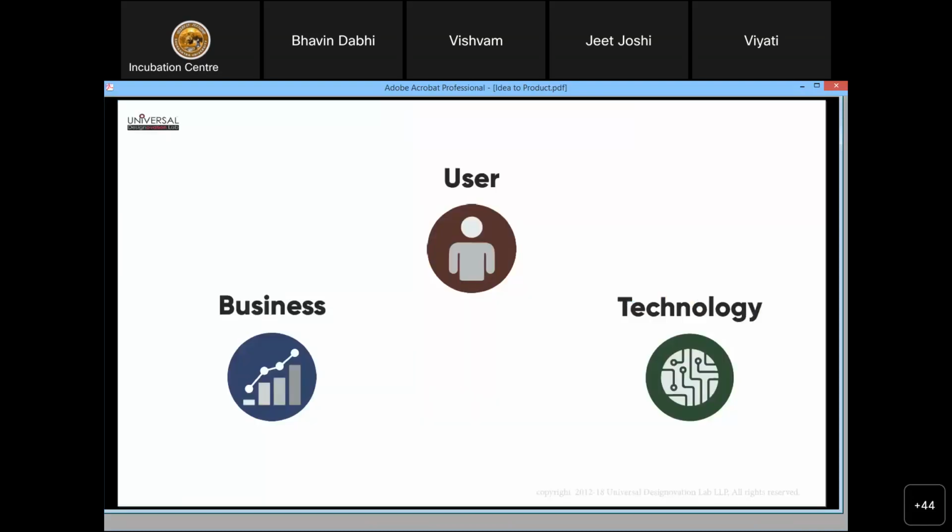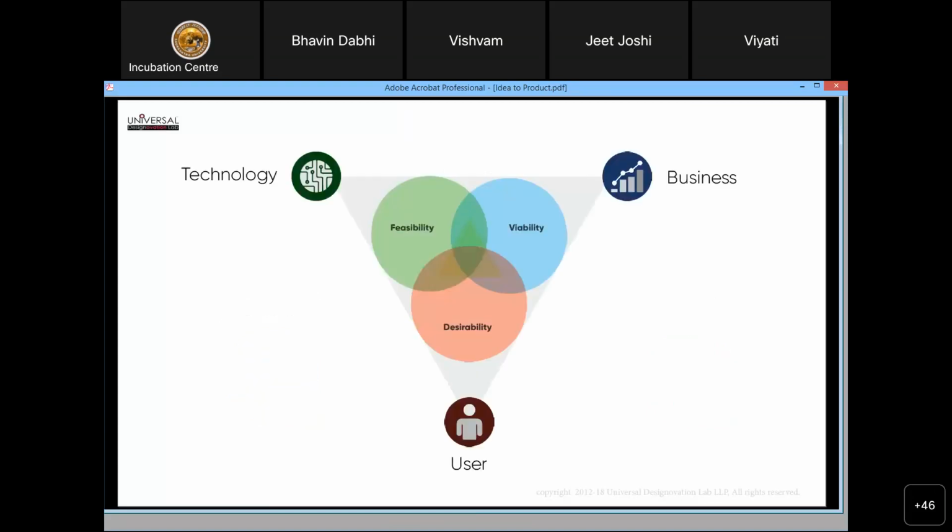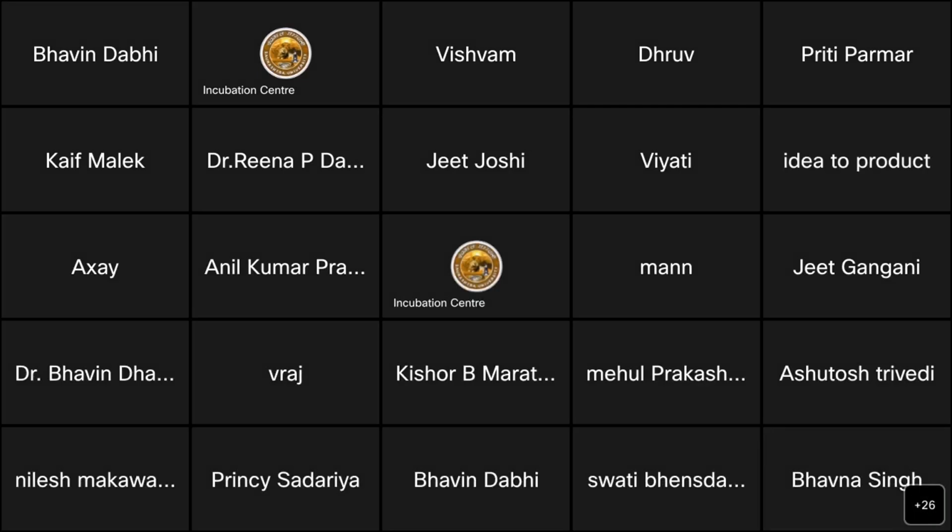Now, when we take anything into the market, whether it is a tangible or non-tangible product, we are supposed to keep key things in mind: the focus is business, user, and technology. We can never neglect anything with reference to another. So the focus should always be on the user first, then the business, and then the technology, or in any format, but we are supposed to focus on the user and how all three are related.